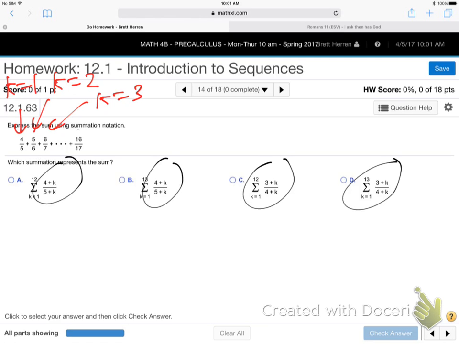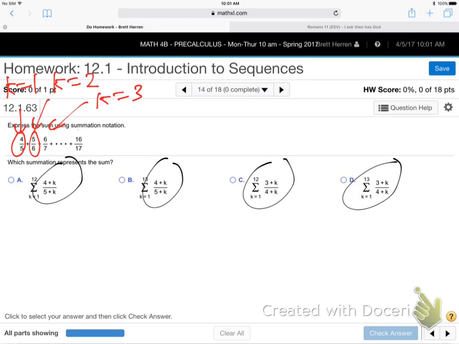You know what I mean? Come up with some kind of formula for k, where if you plug in k as 1, you get 4/5. You plug in k as 2, you get 5/6, etc. So what's that formula?